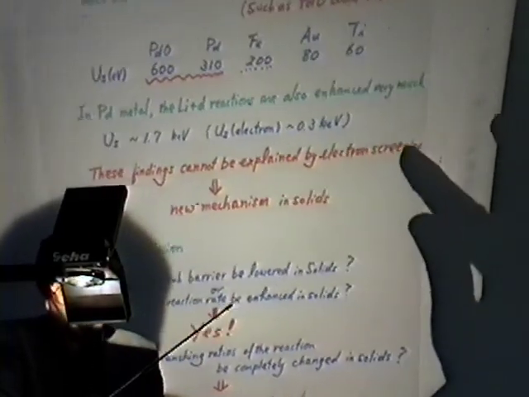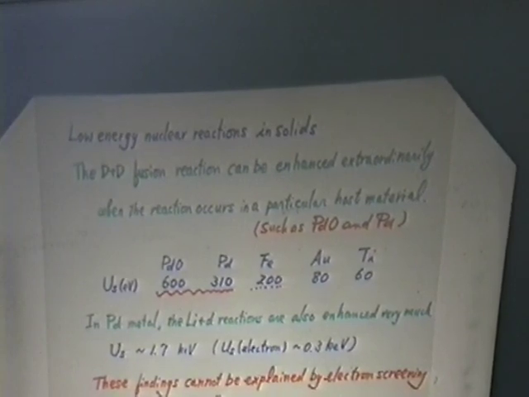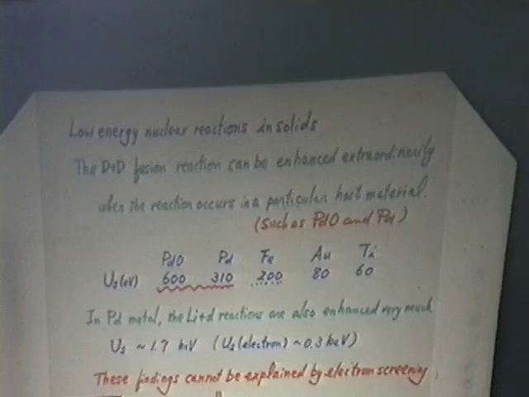Okay, so finally I will summarize my talk. The DD reactions can be enhanced extraordinarily when the reaction occurs in a particular host material, such as palladium oxide and palladium. I just showed the rough number of the screening potential.